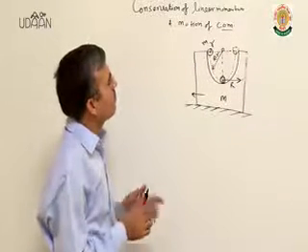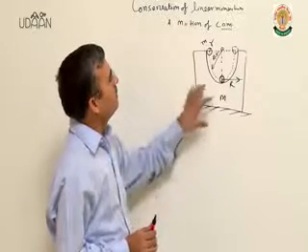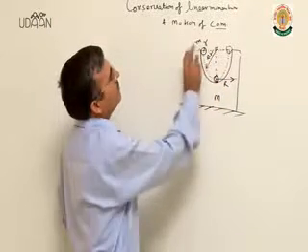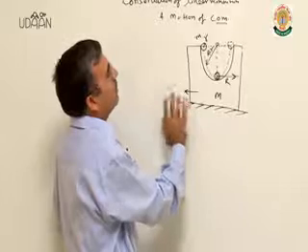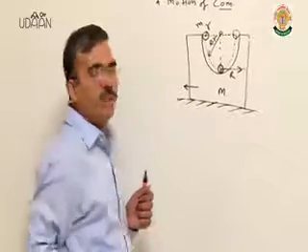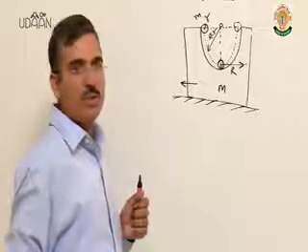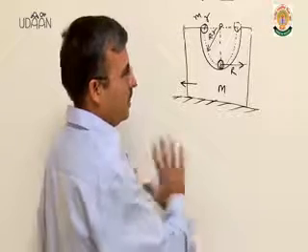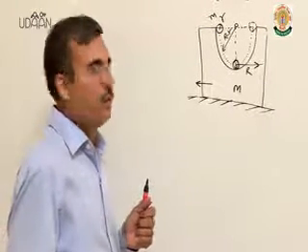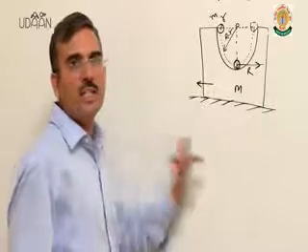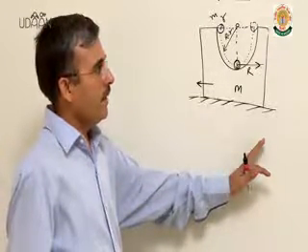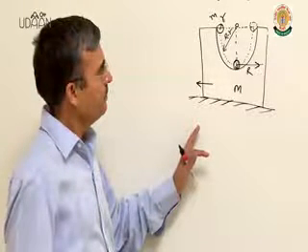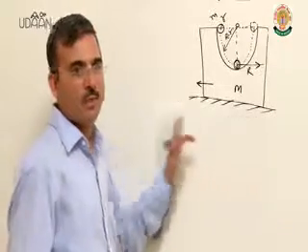In this case, if I take the system, capital M block with track and small m body, mg is acting vertically downward, that is an external force. Again, in the horizontal direction, there is no external force, so the center of mass will not shift in horizontal direction again, and linear momentum will also be conserved in horizontal direction, because there is no external force in horizontal direction.